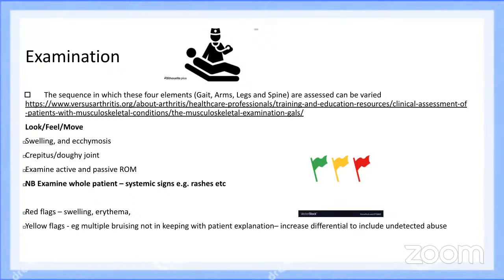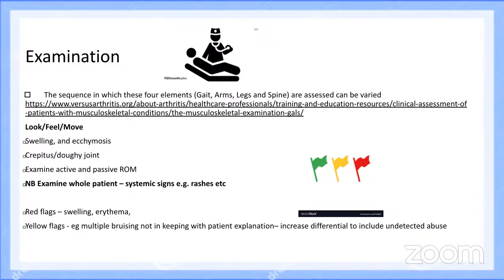And then in terms of the examination, it's the classic musculoskeletal exam where we look, feel, and move, looking for things such as swelling, bruising, then feeling for joint movement, whether there's crepitus, whether you have a doughy joint, and then examining active and passive range of movement to determine the disability.